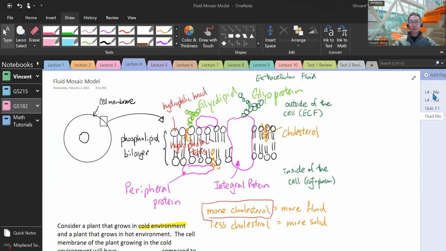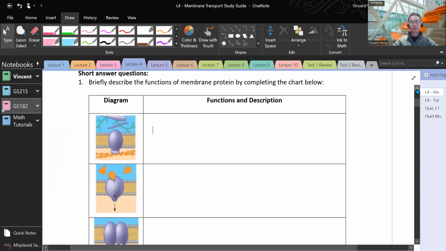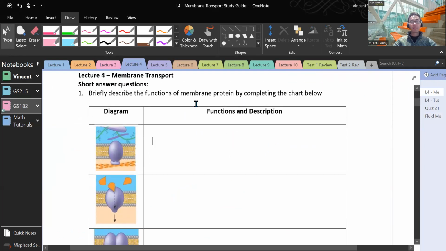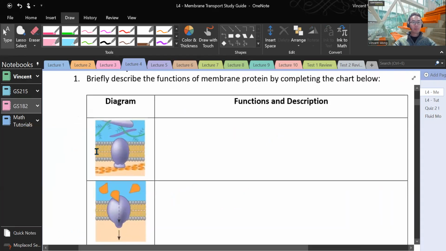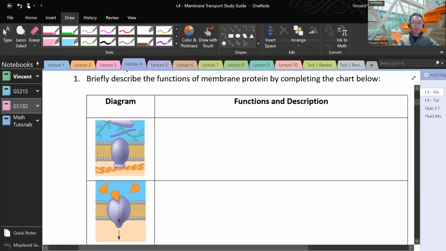We're going to go back to our study guide now. And the first question asks us to describe the functions of membrane proteins. There are several diagrams here. Let's go through them one by one. First one here, we can see this is your cell membrane. This is the phospholipid bilayer.